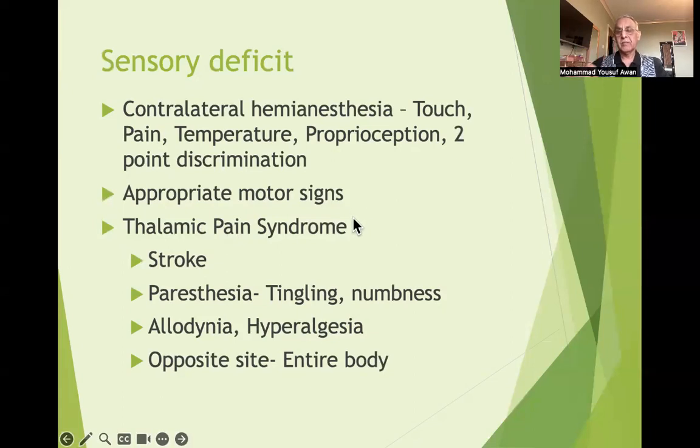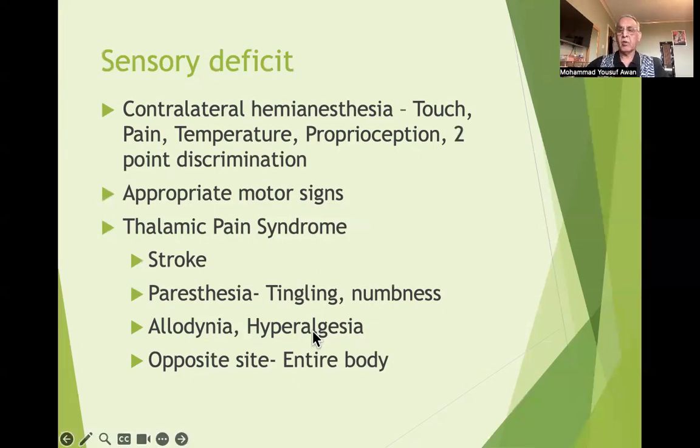A specific problem with the thalamus will cause thalamic pain syndrome, and the usual reason is stroke. The findings are paresthesia, tingling and numbness, allodynia, that is, pain from stimuli that are not normally painful. The patient constantly complains of pain on the opposite side of the body.